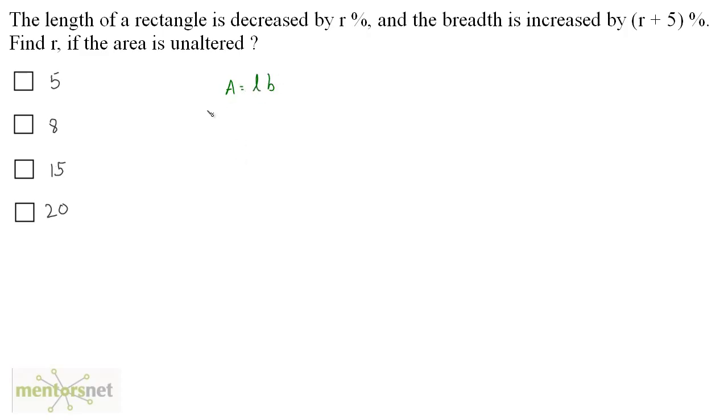Now this area should be unaltered even if we decrease the length and increase the breadth, and that's what is given in the question. So this is equal to the length decreased by r%, so I can write 100 minus r% of length, times the breadth increased by r plus 5%, so it can be written as 100 plus r plus 5% of the breadth.